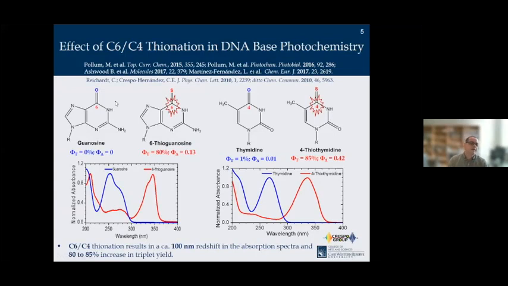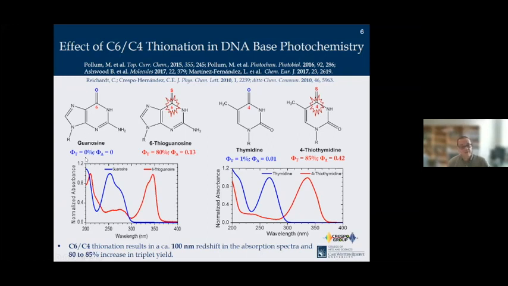The first experiments that we did, more than 10 years ago now, the first thing that we said is, well, if position 6 in the purine bases and position 4 in the pyrimidine bases is key to control photostability, let's make a single atom substitution and see what happens. So we replaced the oxygen by a sulfur atom in guanosine and in thymidine, as you can see here, and we see dramatic changes.